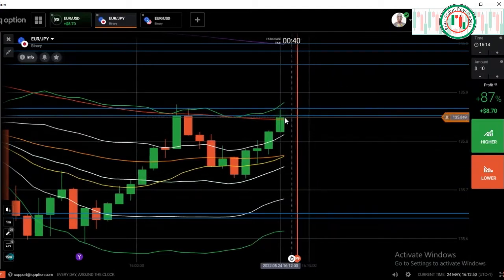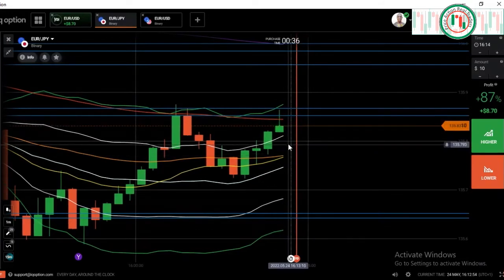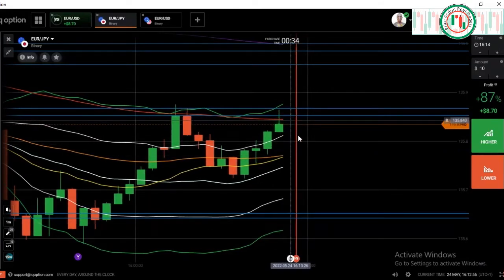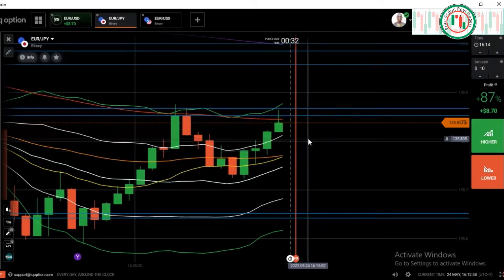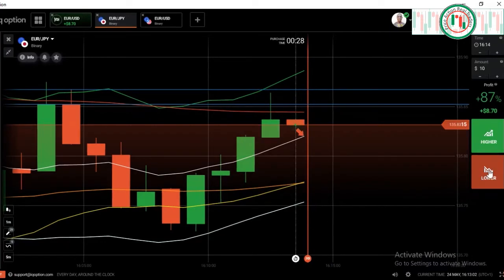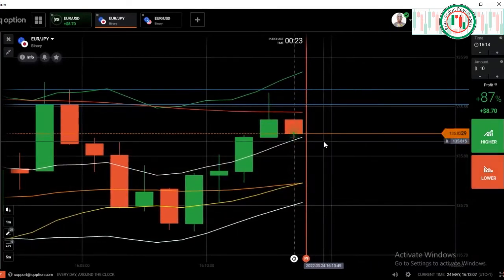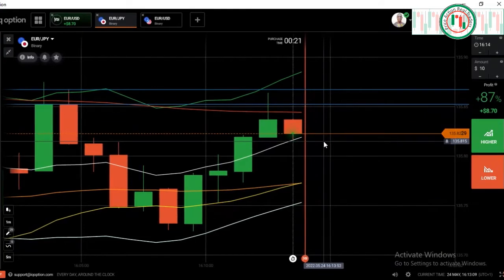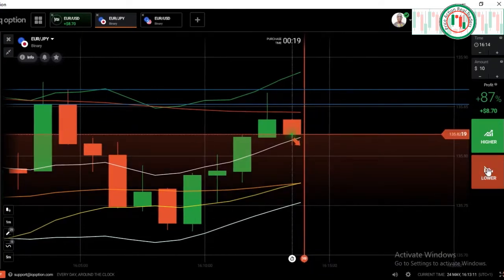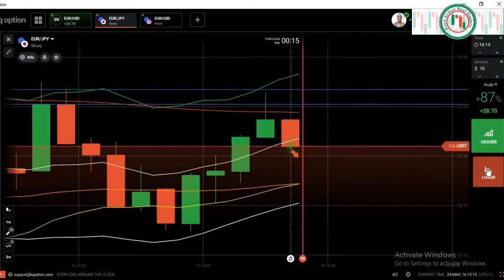And this is strong area. Market is very fast. I will wait for market to go up higher.